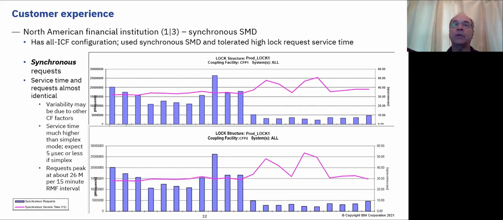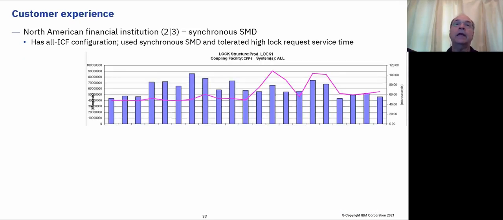They're much higher than what I would have expected, say 5 mics in their original configuration and below 5 mics later, based on how their particular configuration is set up. The overall number of requests, the height of those blue bars, is about 26 million requests per 15-minute RMF interval.